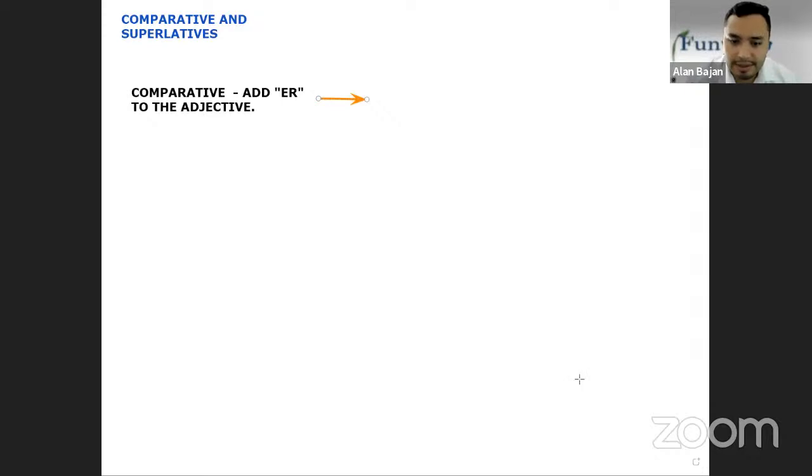Let's imagine that I have this square, okay? And I have this square. My comparative will take an adjective like big and small.